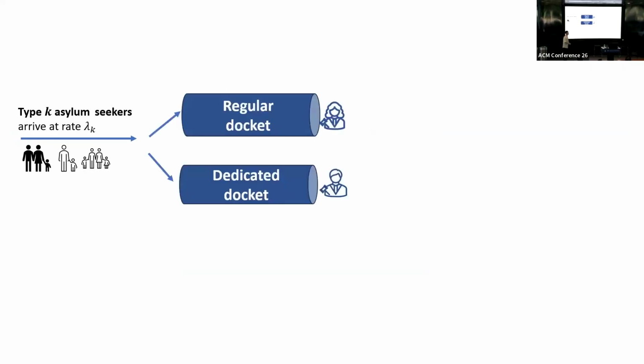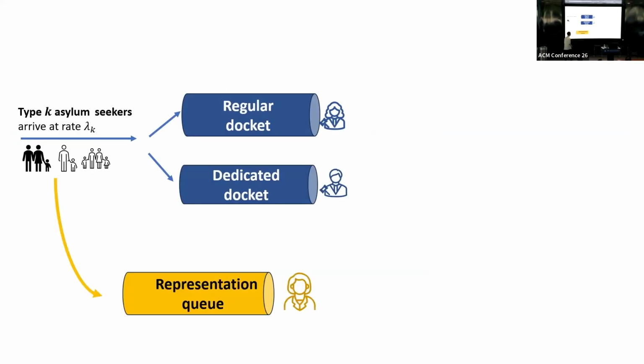So in our model, there are different types of asylum seekers arriving into the system. We assume they have different arrival rates, and types are differentiated by the probability that an asylum seeker may merit asylum, i.e. whether the asylum seeker meets the definition. When the asylum seeker comes into the system, they either join the regular docket or the dedicated docket.